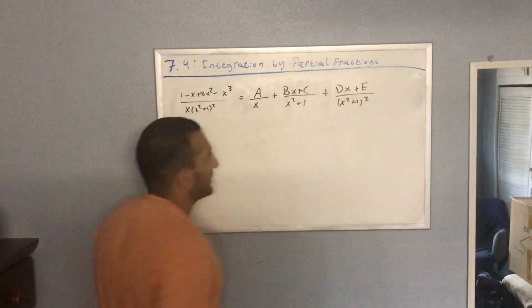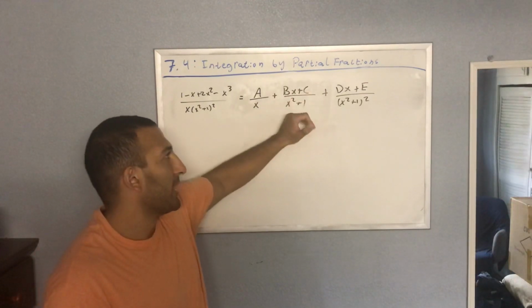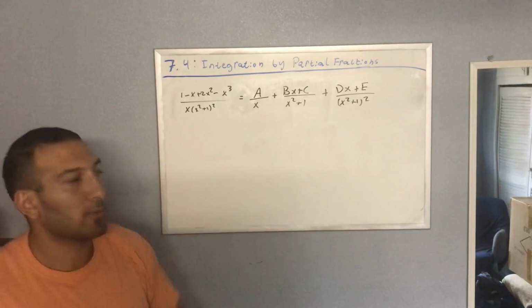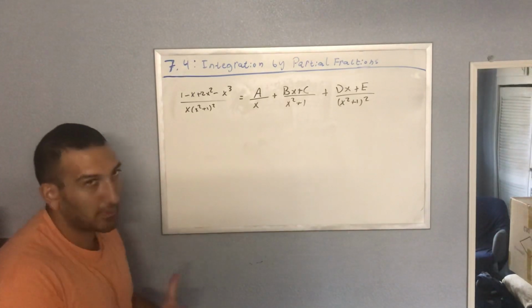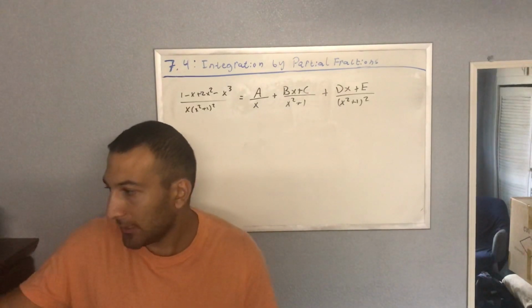This is very similar to when we had the linear factor. You would do something over the linear factor plus another thing over the linear factor squared. That's what it was. So it's very similar to that. Okay, so then now let's do the same process.